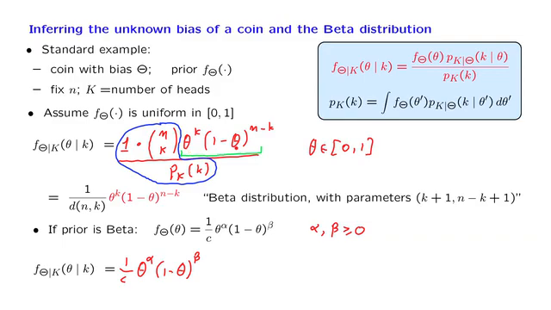The probability of k heads in the n tosses, when we know the bias, is exactly as before. It is given by the binomial probabilities. And finally, we need to divide by the denominator term, which is the normalizing constant.